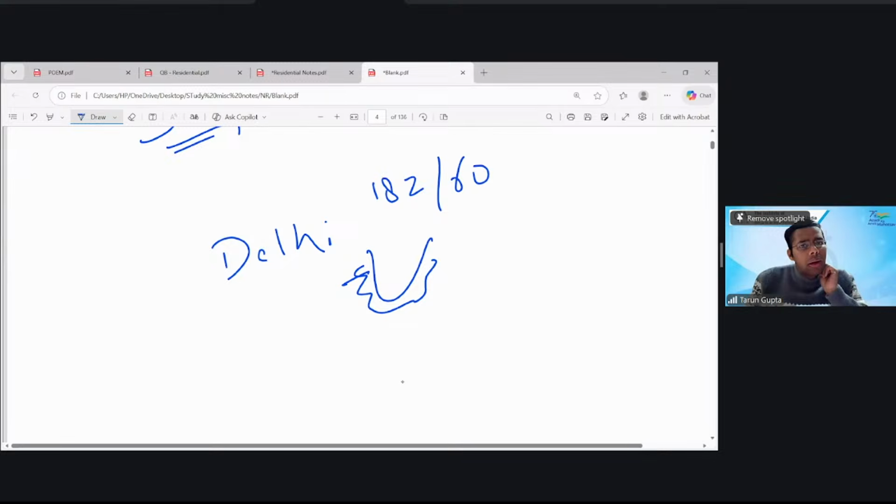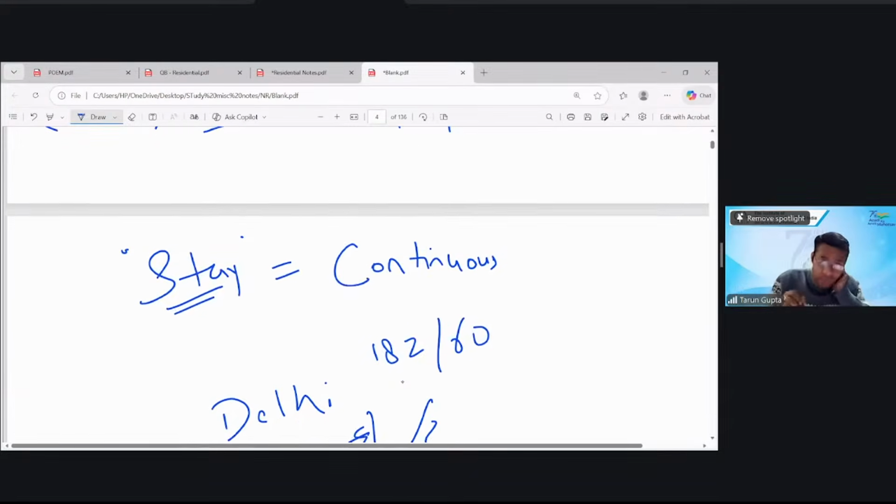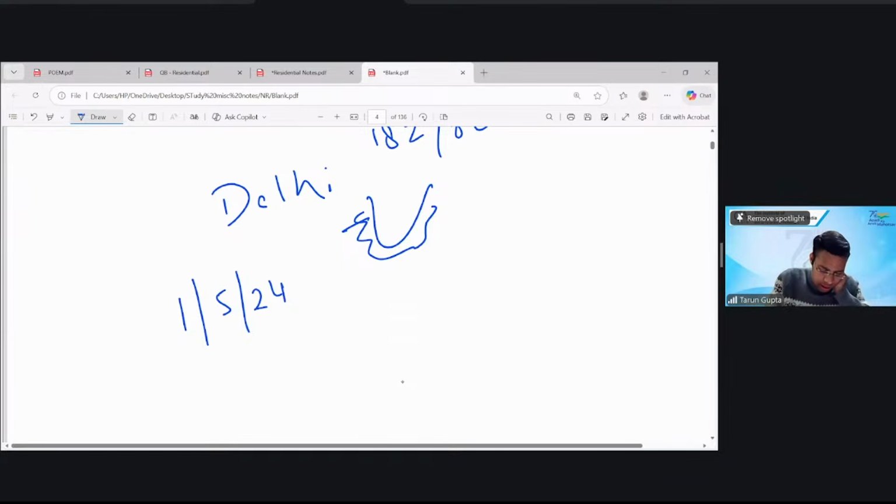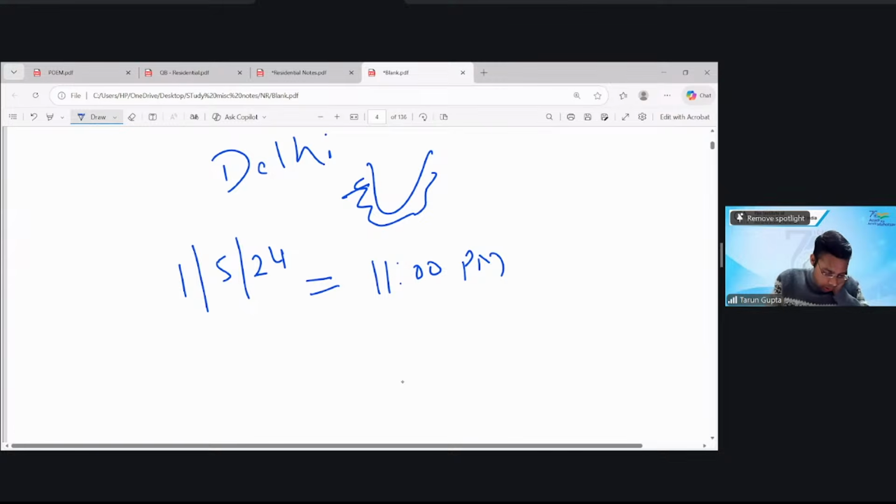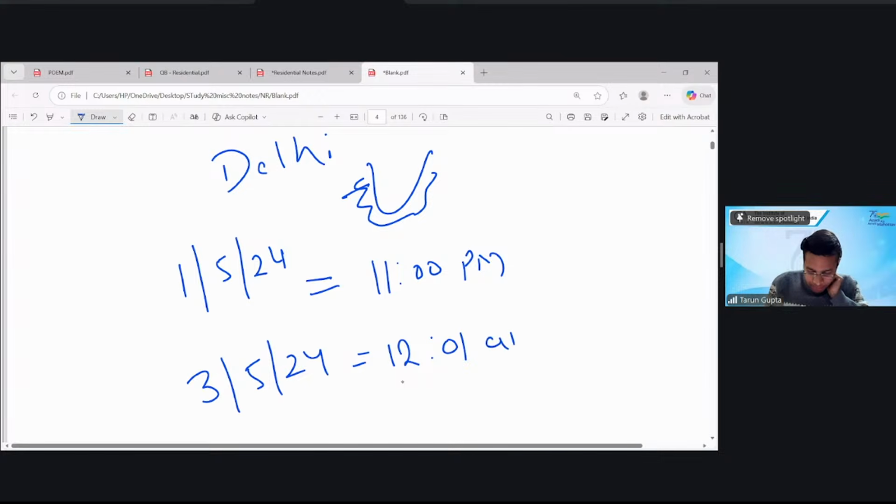Lastly, if you come on 1st of May 24 and the flight lands at Delhi airport, say 11 p.m., and you return to the US on the 3rd May 24, and the flight took off at say 12:01 a.m. in the night on 3rd.